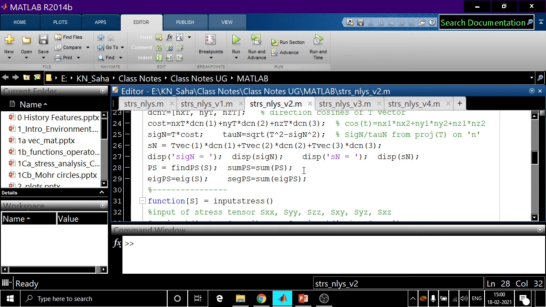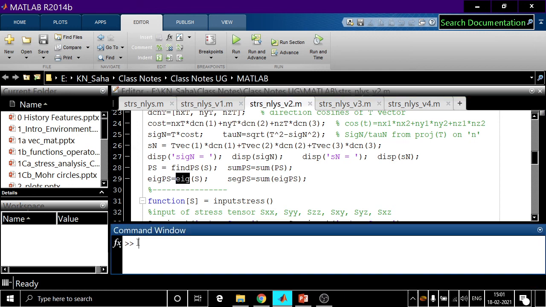Next, the eigenvalues of this S matrix are also calculated. This EIG is an inbuilt function. So you can see this, it will give you the eigenvalues.